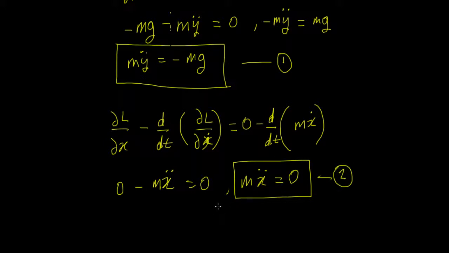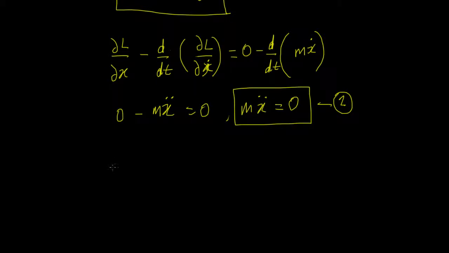Now another couple of things just to note, and we'll be getting back to these in detail in later videos. If we were to write out the functional for our Lagrangian, we'd have I equals the integral, integrating with respect to time from t0 to some time t1 of our Lagrangian L dt.